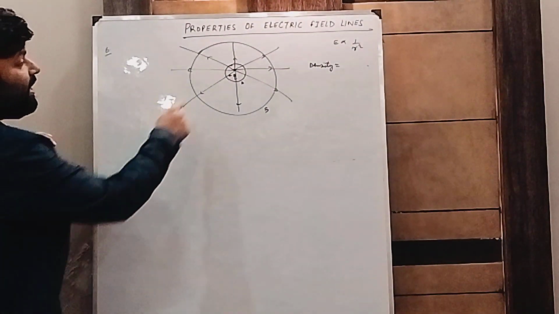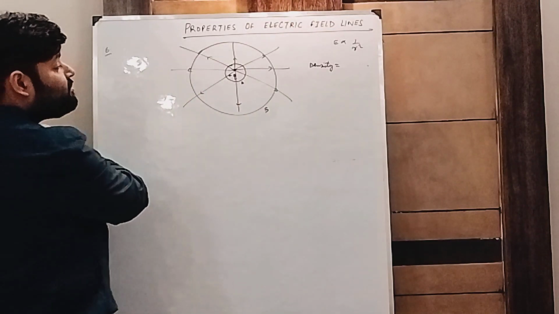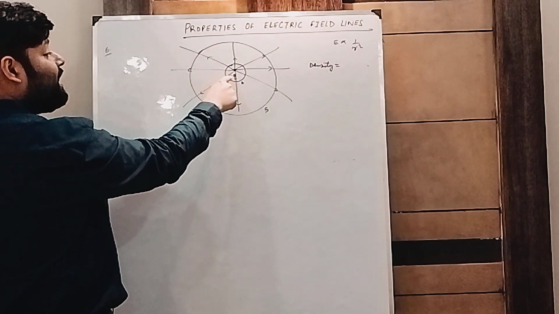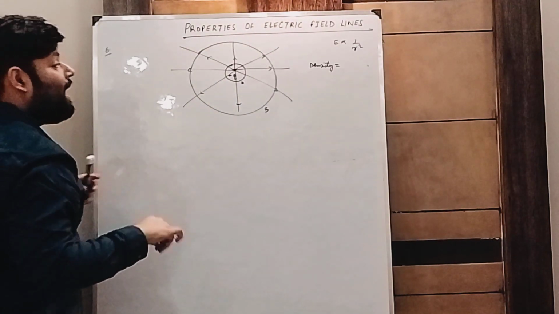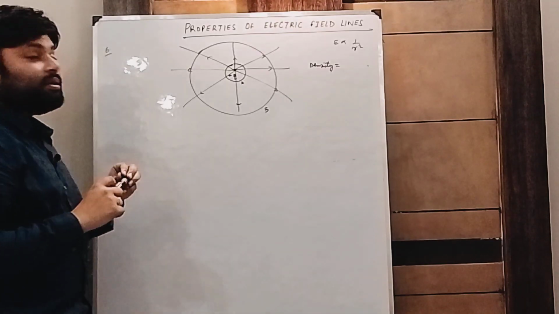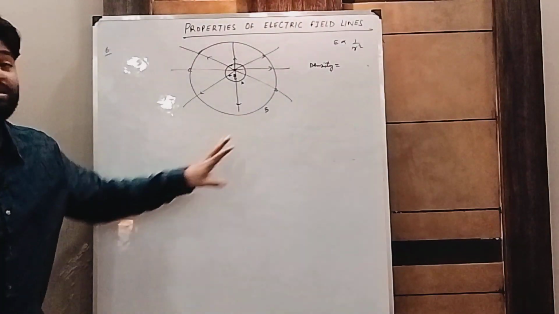See, here I've got a plus Q charge, here I've got a sphere A, and here I've got a sphere B. Now when electric field lines emanate from plus Q charge, they cross both A and B. If I look at the surface area of A, it is smaller, and the surface area of B is larger.